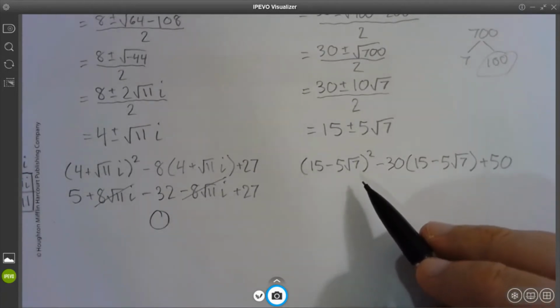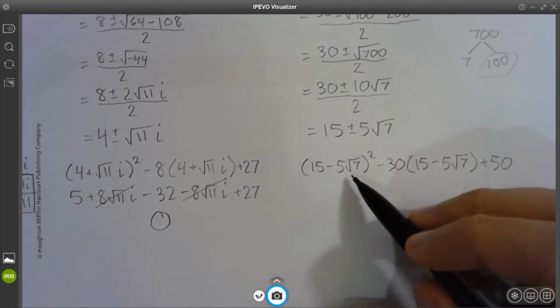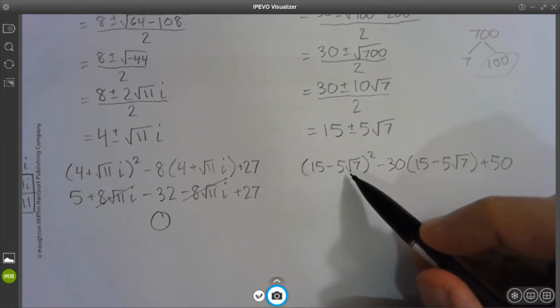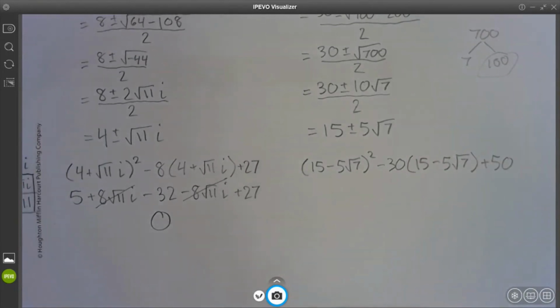All right. Even though this is not an imaginary part, complex number, I am still going to use the box method to multiply this out. It's personal preference.